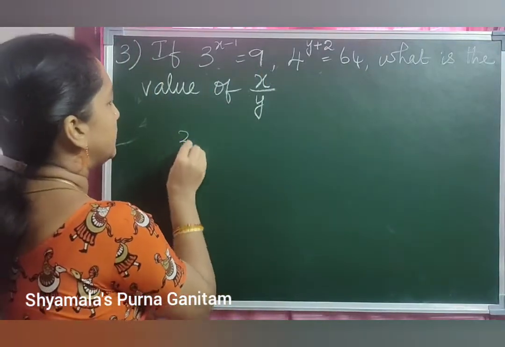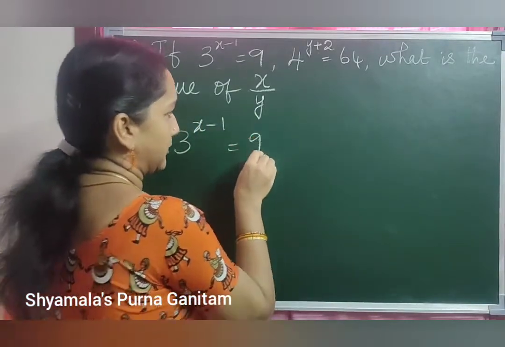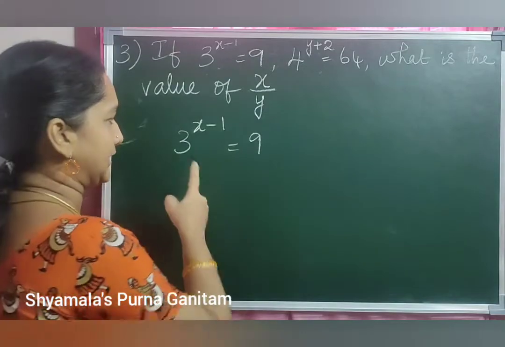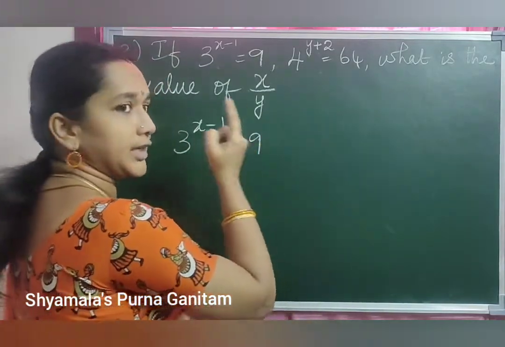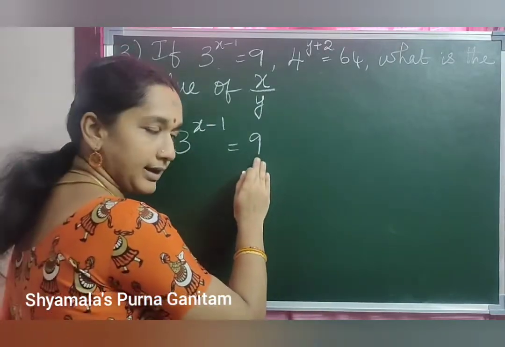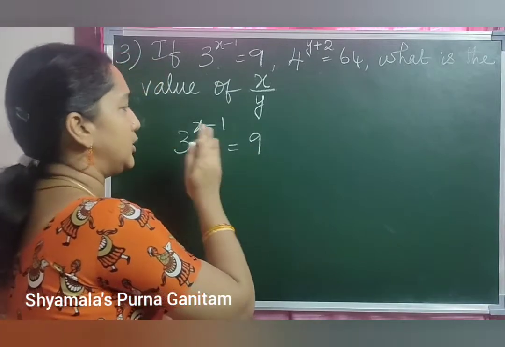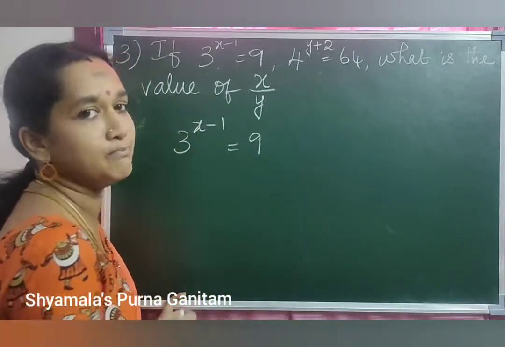Okay, so first we will take 3 power x minus 1 is equal to 9. If you are getting sums like this, the other side, RHS, has to be converted to a base the same as the left hand side. This RHS value has to be equated to the LHS value with the same base.